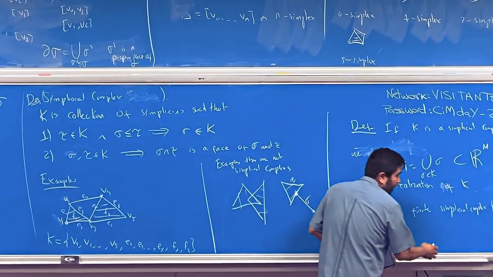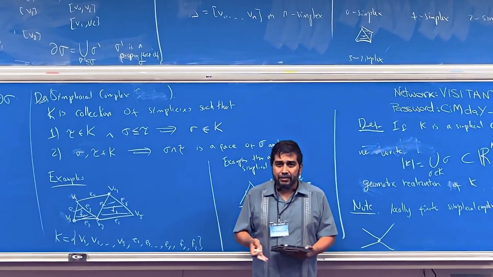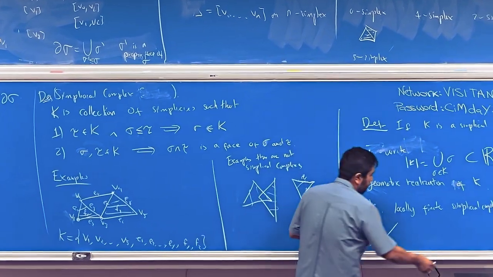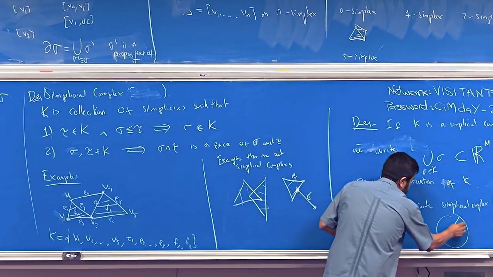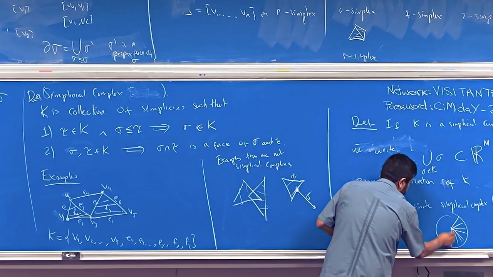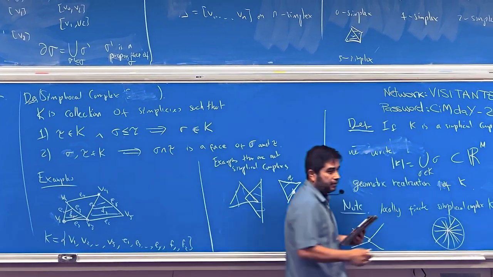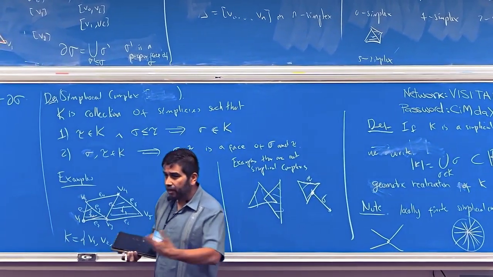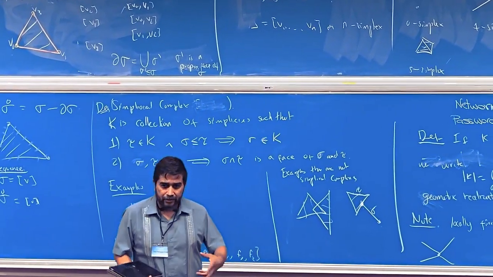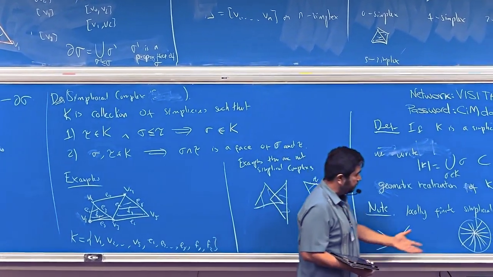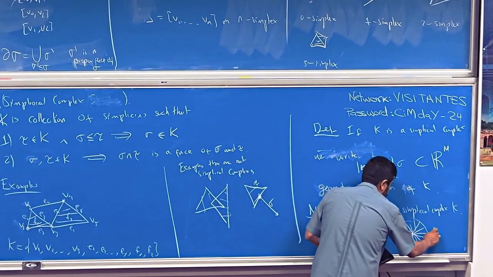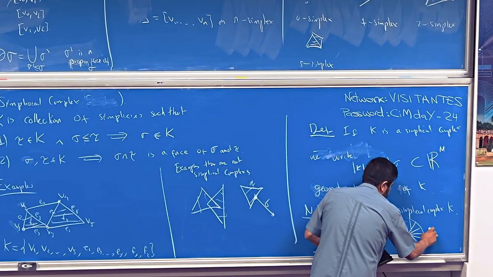Because if you allow infinitely many, things can get really weird. For example, if you have the circle with all the lines coming out of here, this is not a simplicial complex structure on the circle. So this is not a circle. We don't want this. We are not allowing this.